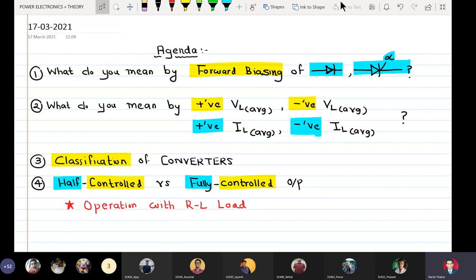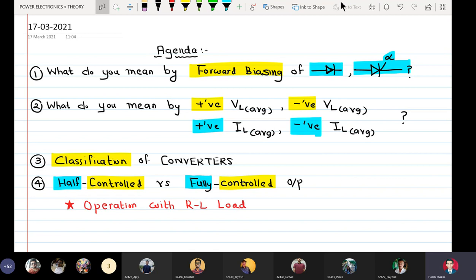So you may be thinking that why in third year second semester we are taking up this point: what do you mean by forward biasing of a diode or an SCR? This is to dispel some misconceptions which I also was having when I started teaching in the department. But over the years, I understood that my understanding was wrong.